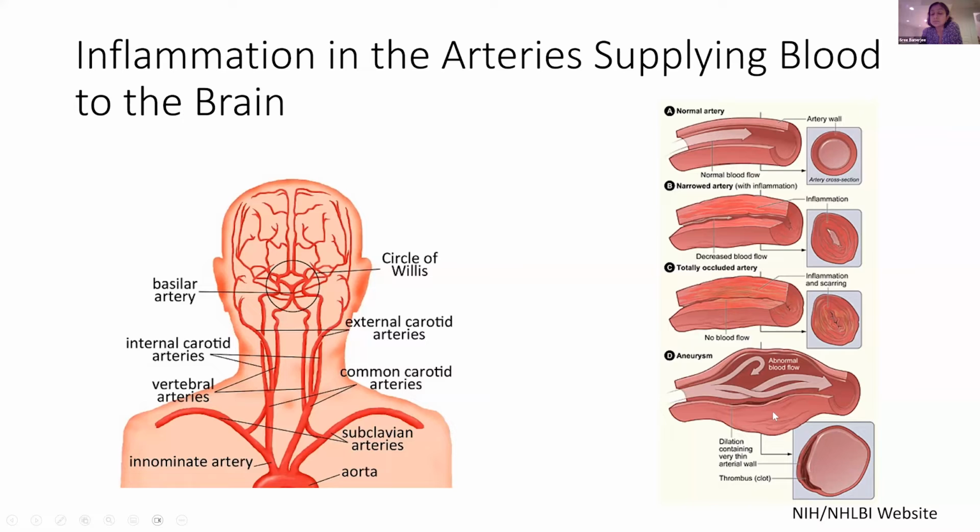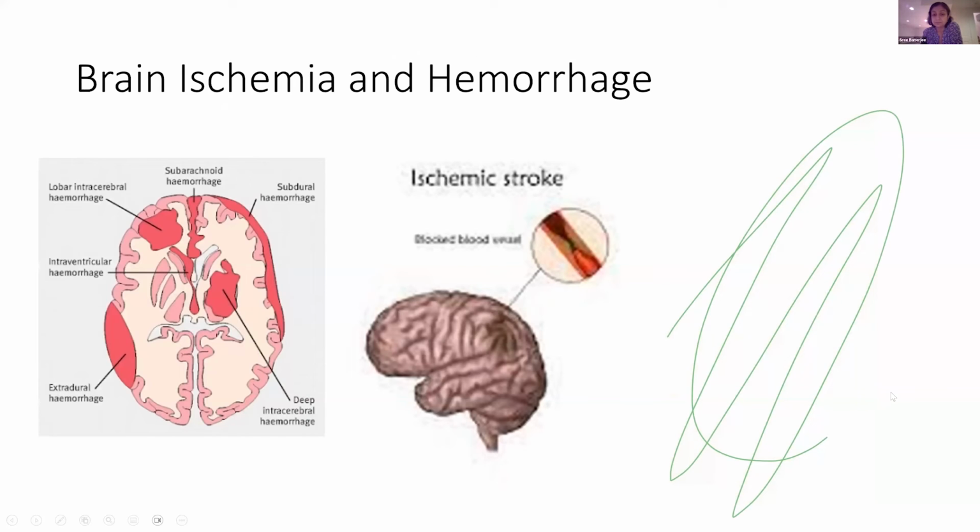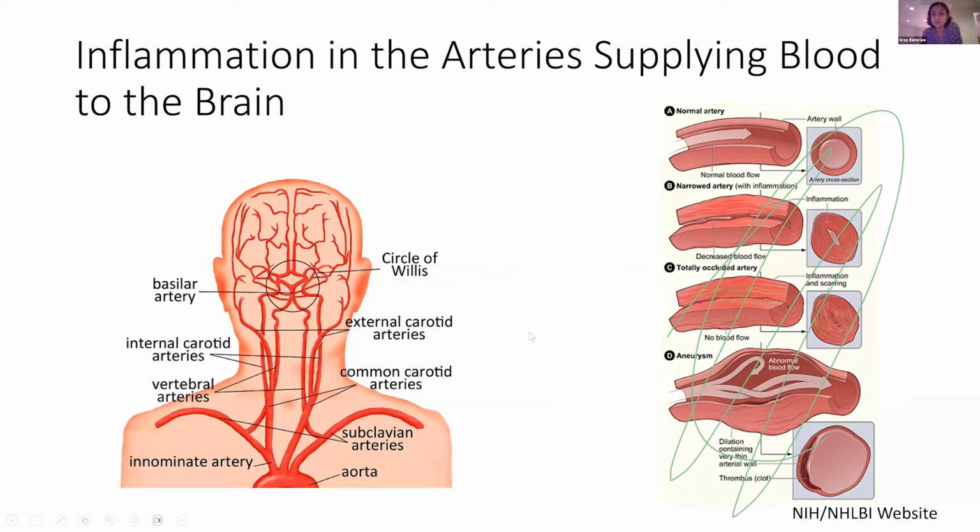On the other hand, sometimes, due to continued inflammation, the vessel wall becomes thin, and the wall gets dilated, something we call an aneurysm, and this is how it looks.